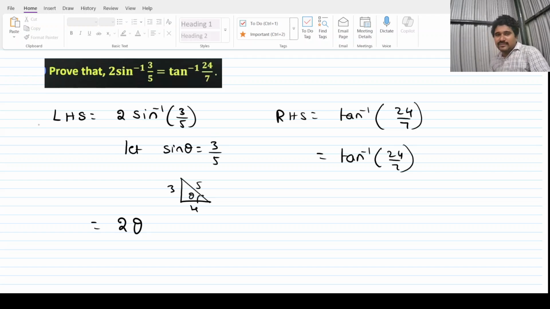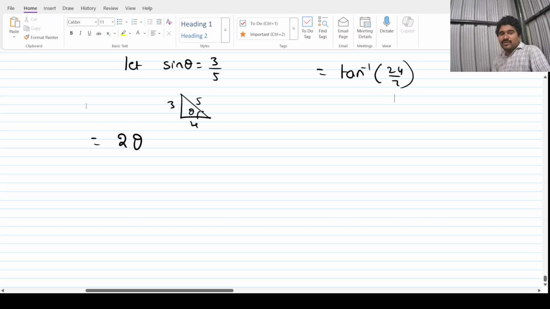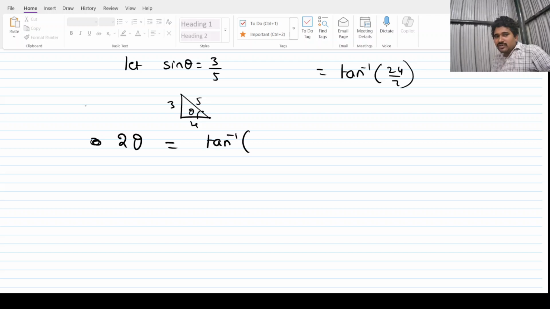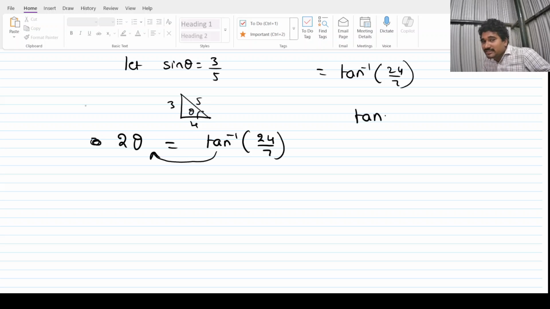See here. Actually, if you do like that, it will not come. You are having 2 theta is equal to tan inverse 24 by 7, right? Send the tan inverse to that side. Or else you take tan 2 theta.